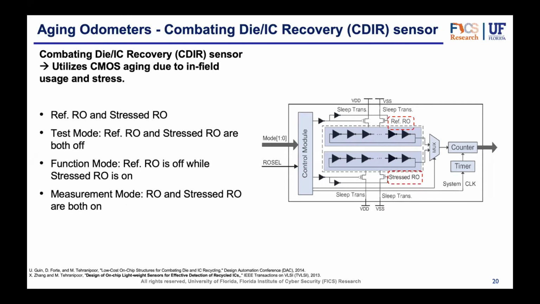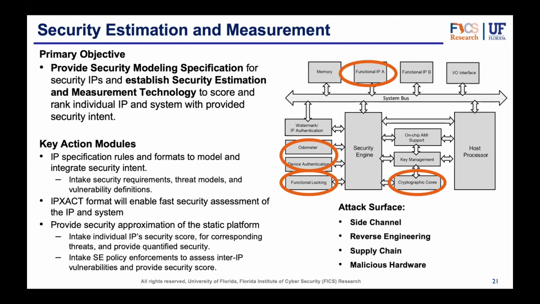Or some of the earlier work that our team has done on odometer, where we take advantage of aging that exists between different ring oscillators by keeping one as a stressed and the other one as a reference ring oscillator, and then the difference between the two represents the aging, right?